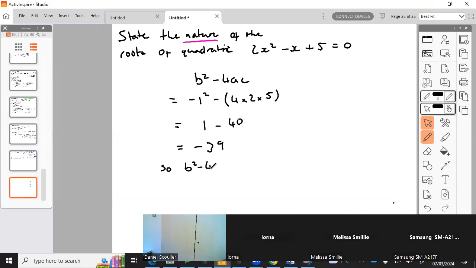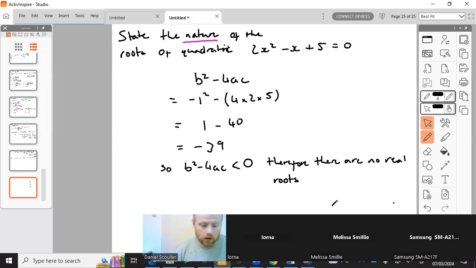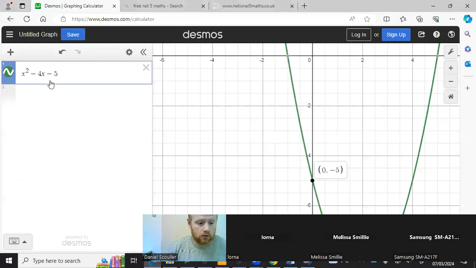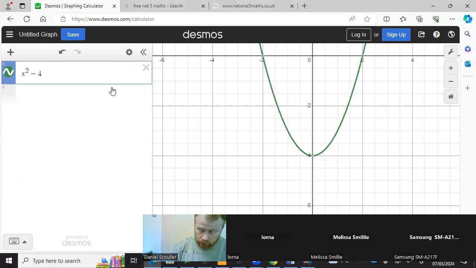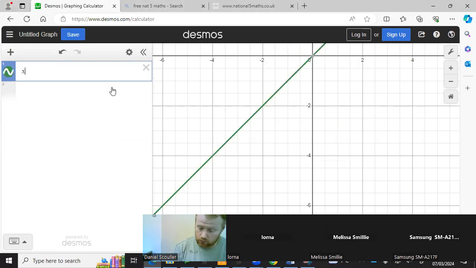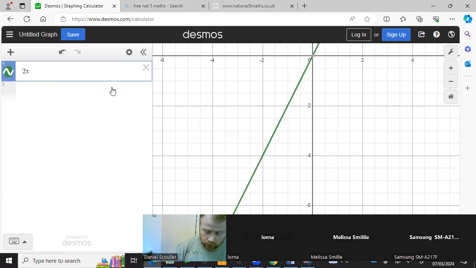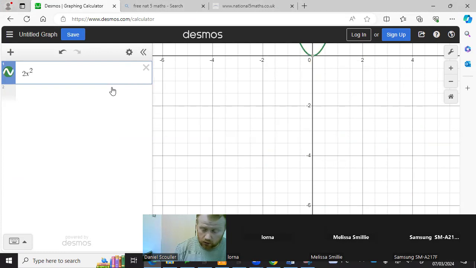So b squared minus 4ac is less than 0. Therefore, there are no real roots. Yep, that's what I'd actually say.